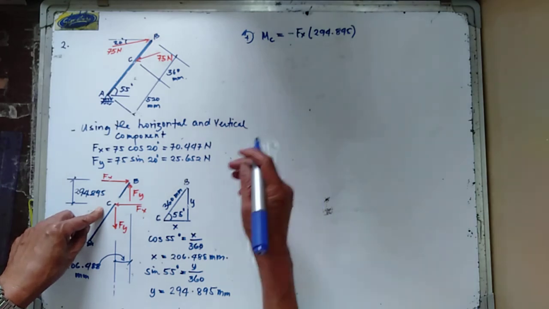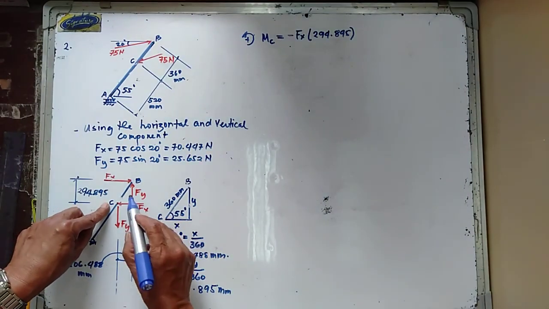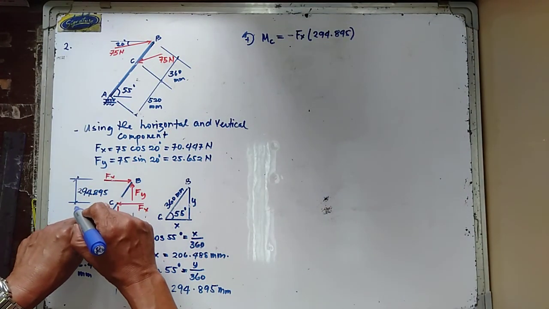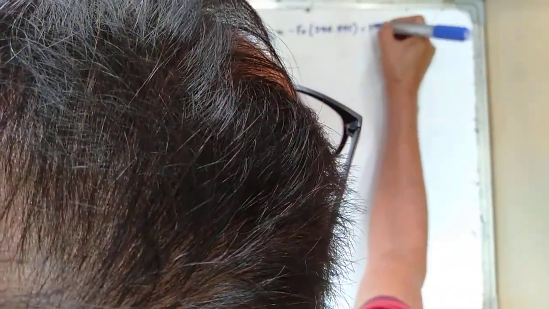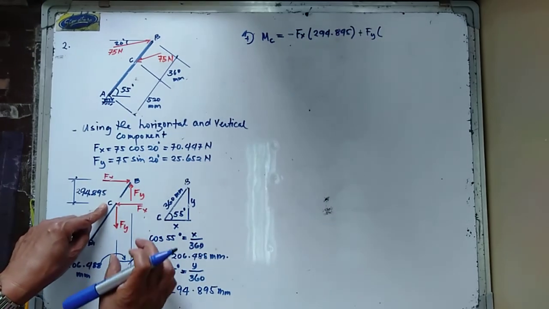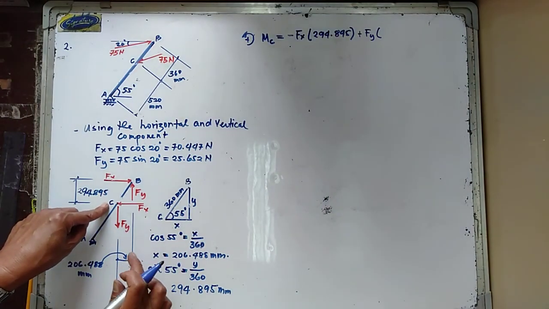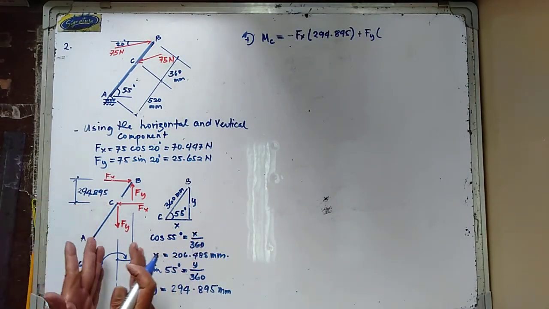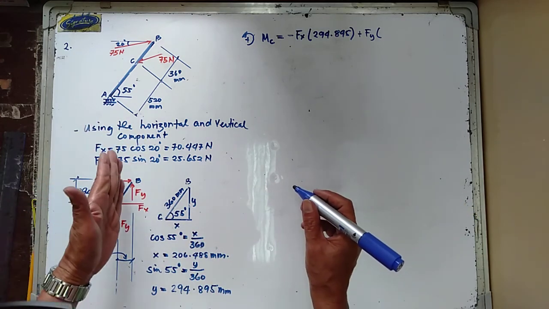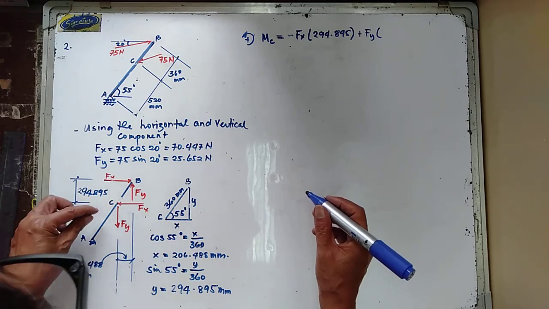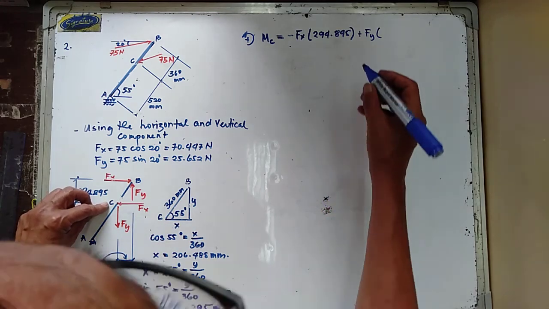And then, this one is going counterclockwise about point C. So we have positive Fy. The moment arm is this one in here, 206. So that is the moment arm, the perpendicular distance from the line of action F1 to the moment center C. And this is equal to 206.488.